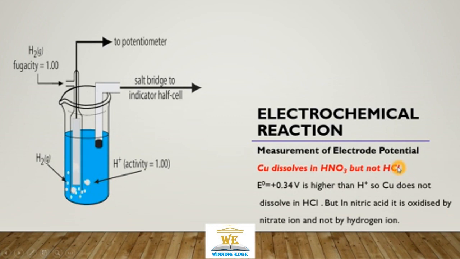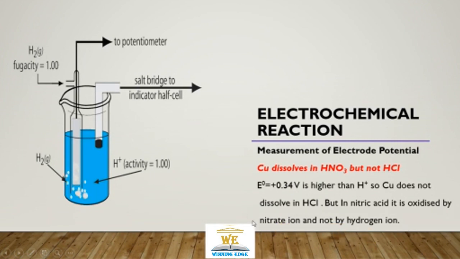Chlorine is a very strong oxidizing agent, but chloride is a very weak reducing agent. So chloride is nowhere involved in a reaction with copper. That's why copper cannot react with HCl. But in nitric acid, copper is oxidized by the nitrate ion.